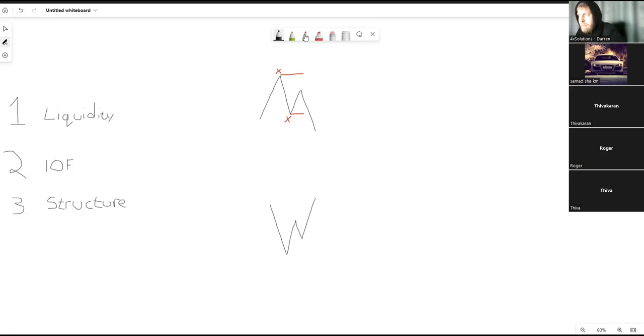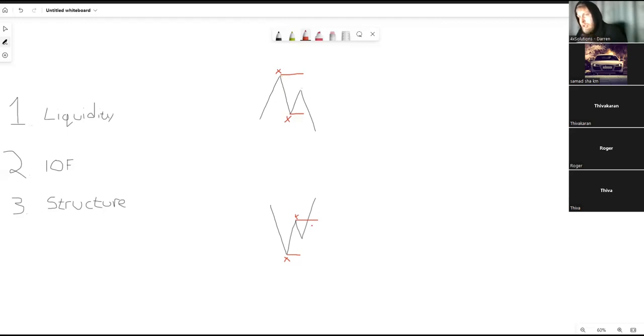So it is symmetrical because both of them have created some kind of mitigation. There doesn't have to be SMT over here and over here for this to work. We just have to get a mitigation, and we have one.